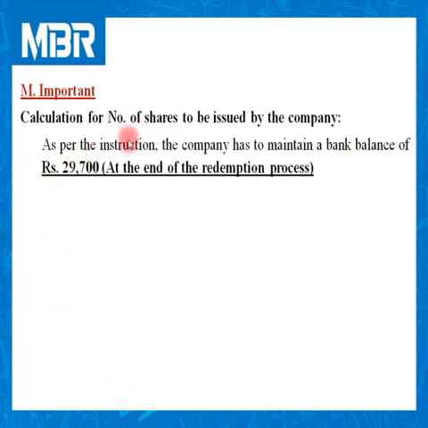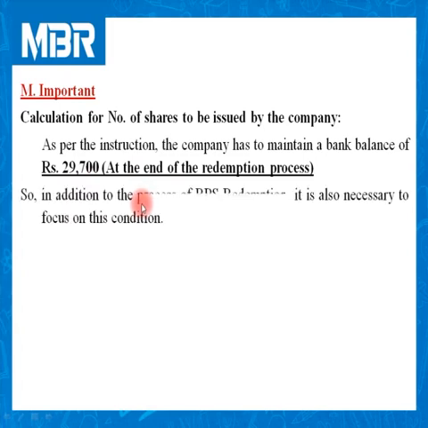Our entire calculation is moving around this figure. Anyhow, with the number of shares issued by the company, we need to maintain this balance. So please don't forget this amount to maintain at the end of our calculations.